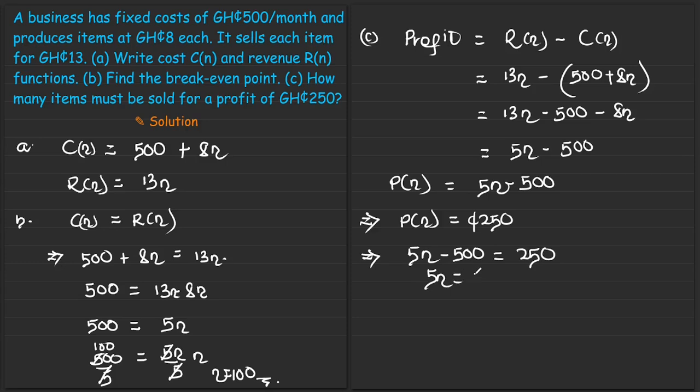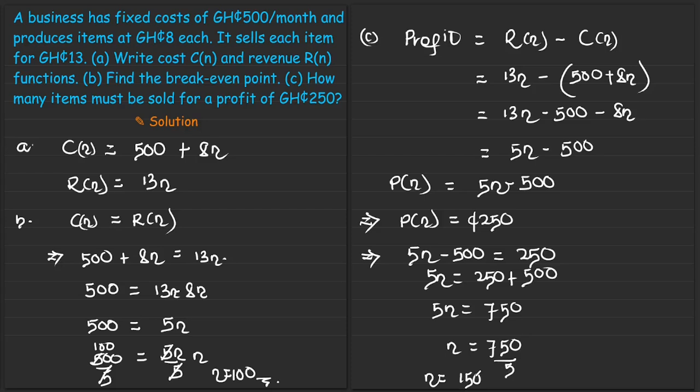Making our n the subject, we have 250 plus 500, which gives us 5n being equal to 750. What do we do now? We divide both sides by 5, and that simply means our n is equal to 150.